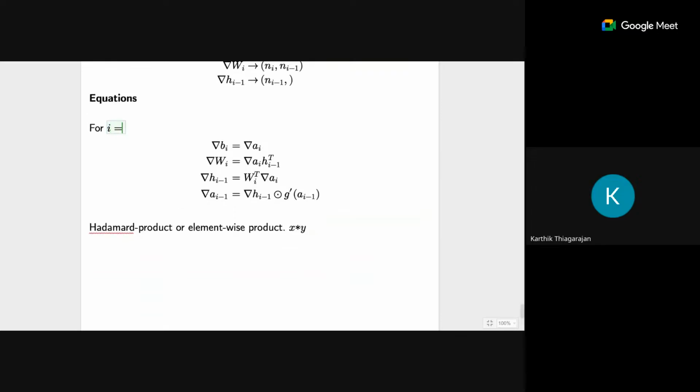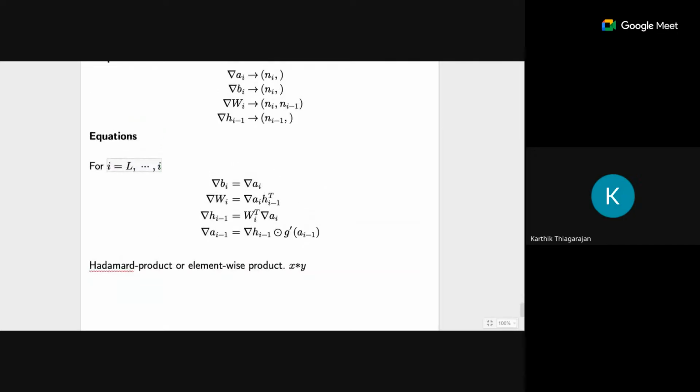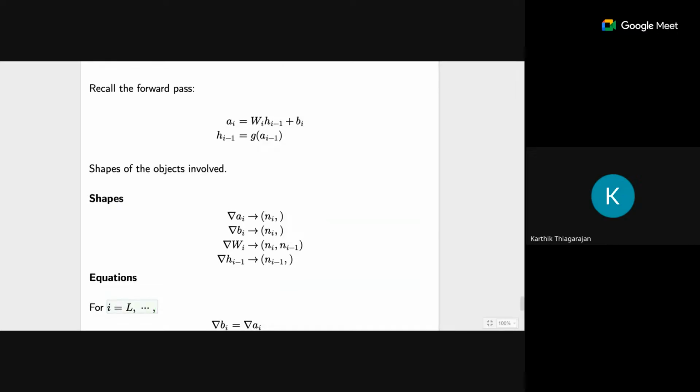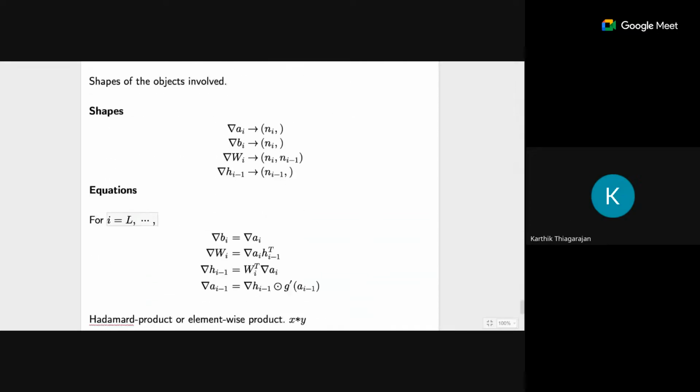So for i equal to L, all the way till i equal to, where will I stop? What is the final thing that I want? Gradient of?